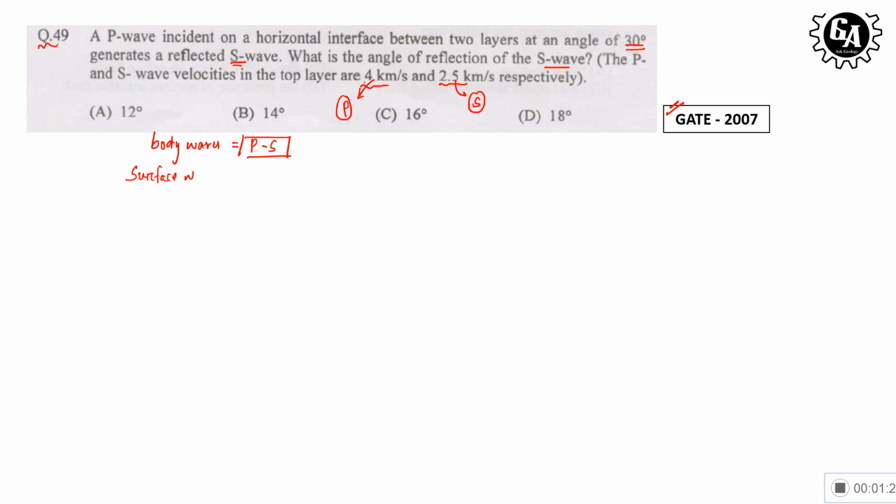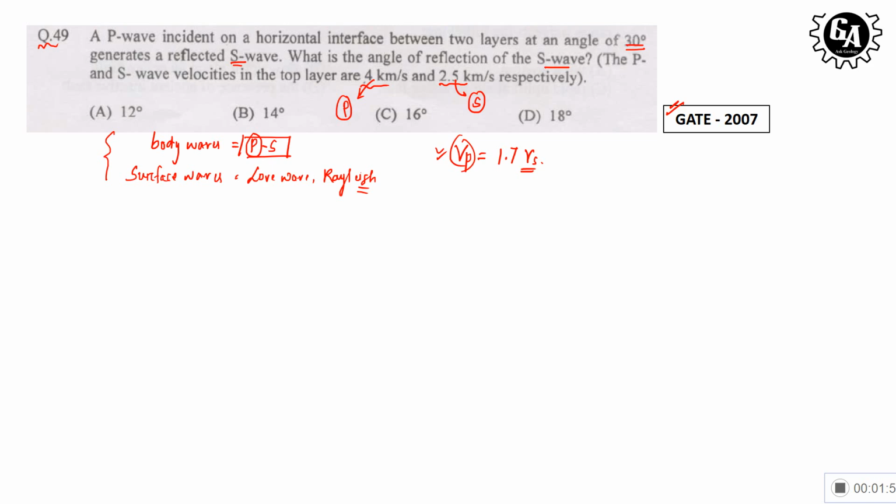Now this Rayleigh wave or Love wave, these are all surface waves, and the P wave is the fastest. In a seismic station, the first wave that arrives is your P wave, then the S wave, then the surface waves. The velocity of P is around 1.7 times the velocity of the S wave. Velocity of P is highest.